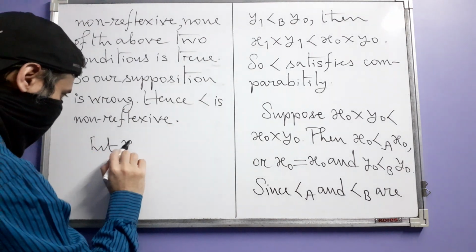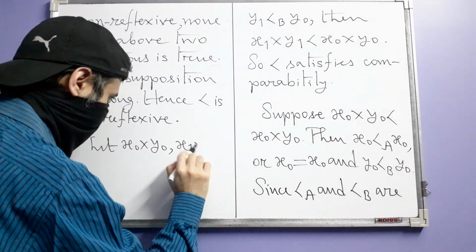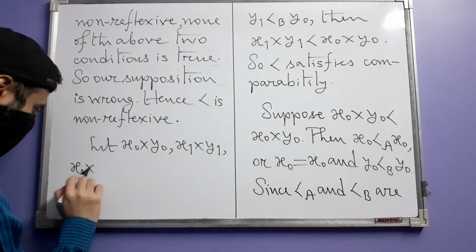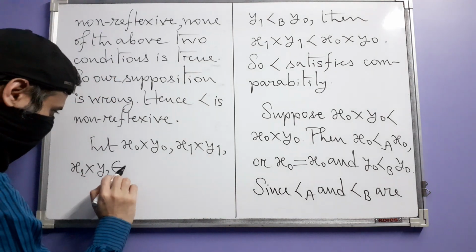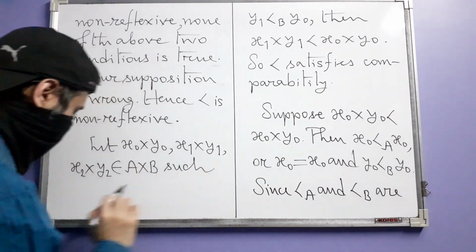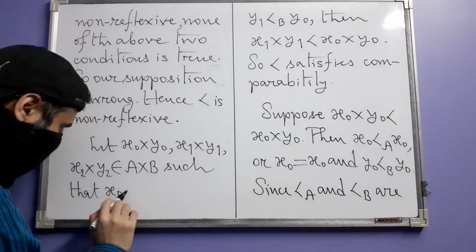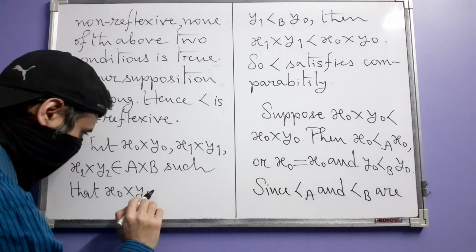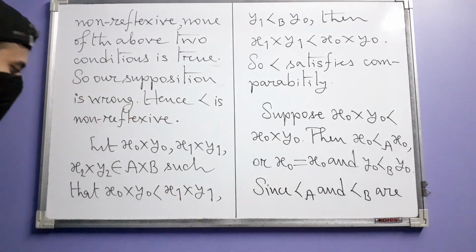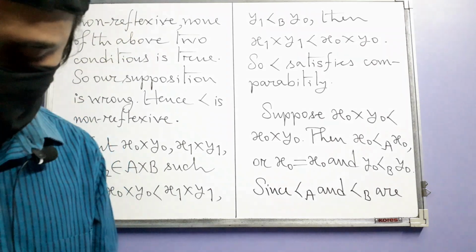Let such that x naught times y naught is less than x1 times y1, which itself is less than x2 times y2.